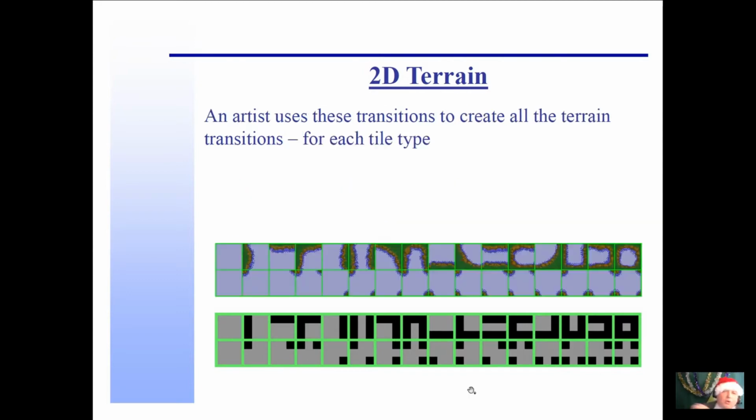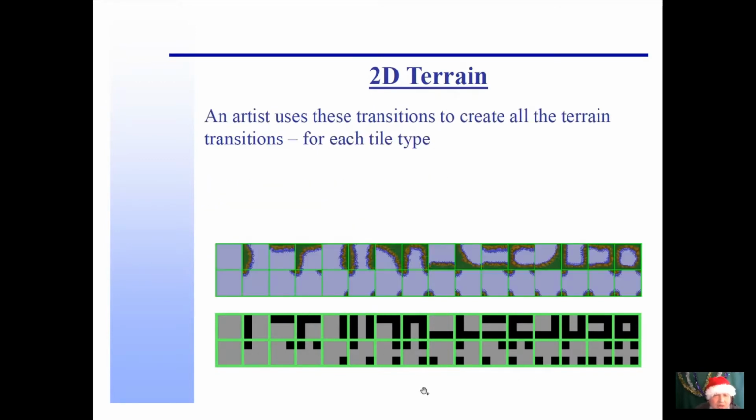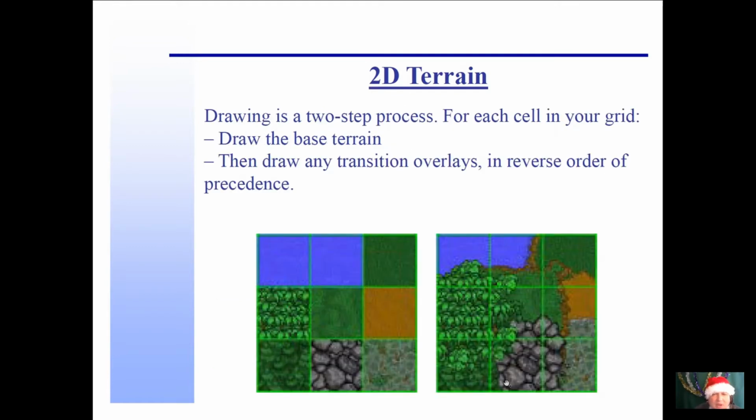Now we can transform these patterns artistically to create nicely looking transitions. And please remember about transparencies. So black are transparent, gray are solid.